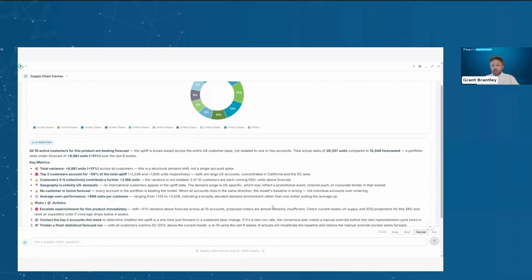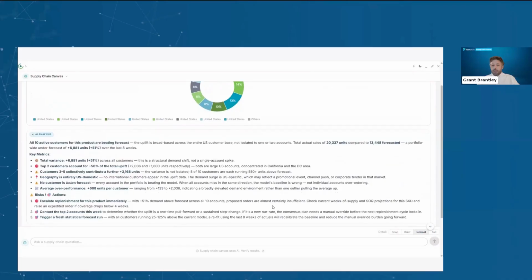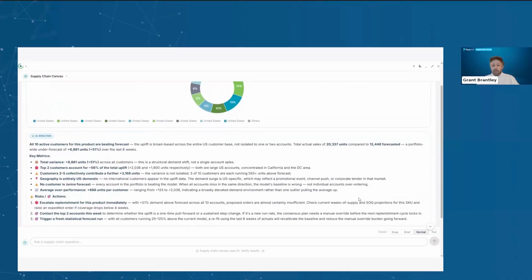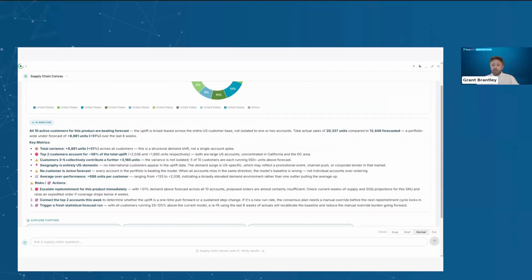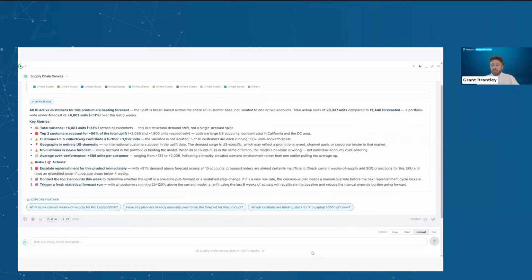We see a breakdown in the donut chart, but every single one of our 10 active customers is beating the forecast. So right there we see it's more on the baseline. Canvas is drawing the conclusion for us here. When every account misses in the same direction, the problem isn't the customers, it's the baseline. So the model, we may need to go back and analyze. But there's a heavy head to it here where we have 2 accounts, California and DC, for about 50% of the total uplift.